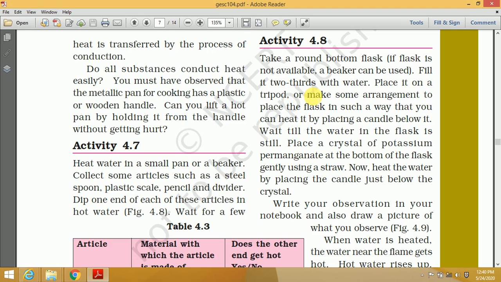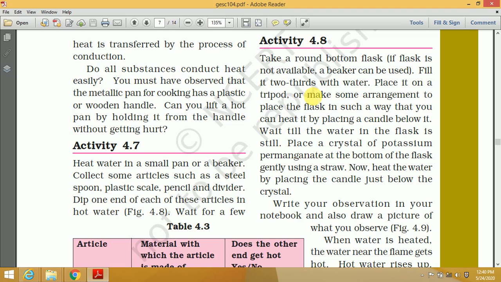Wait till the water in the flask is still. Place a crystal of potassium permanganate at the bottom of the flask gently using a straw. Now heat the water by placing the candle just below the crystal. Write your observations in your notebook and also draw the picture of what you observe.